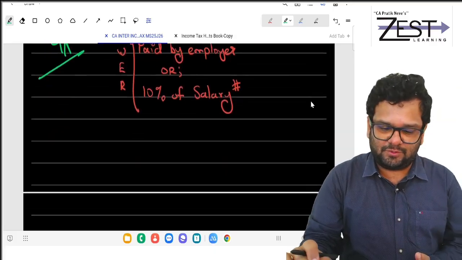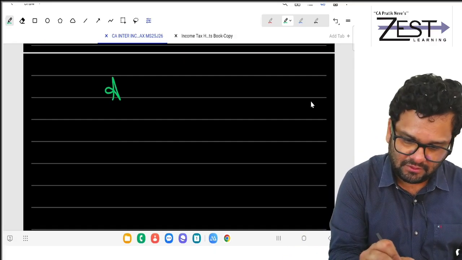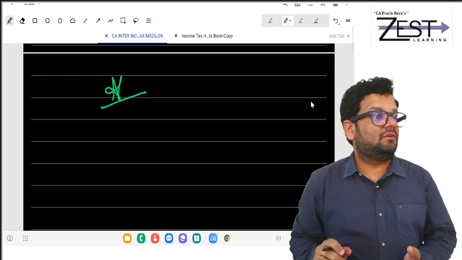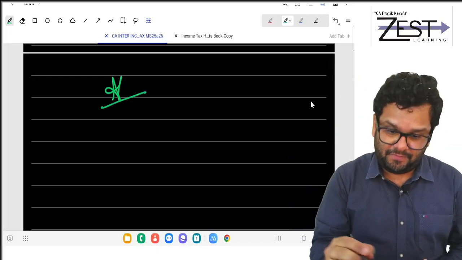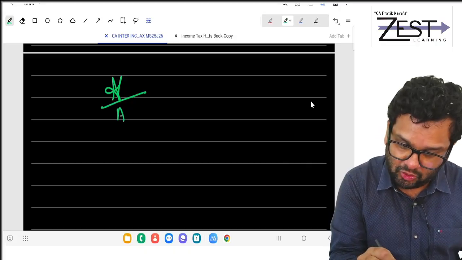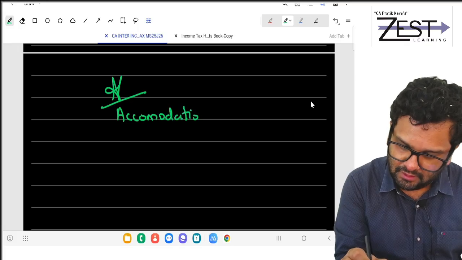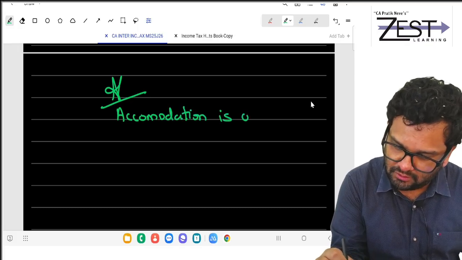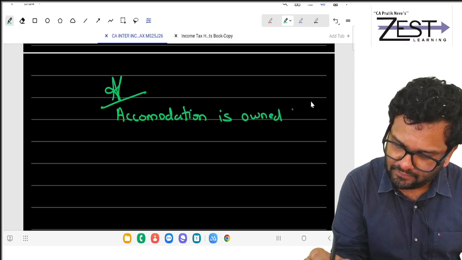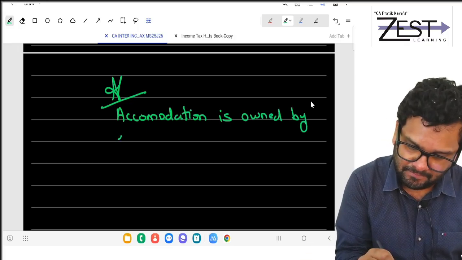Can I focus on this point now? Why have I put this star? Which is this point? Accommodation is owned by the employer.